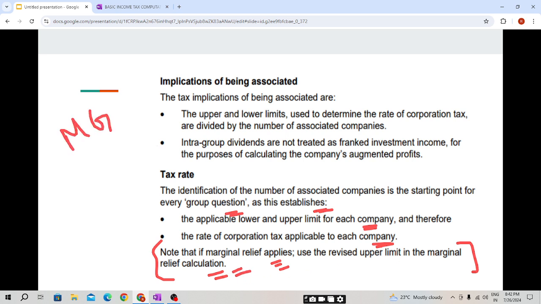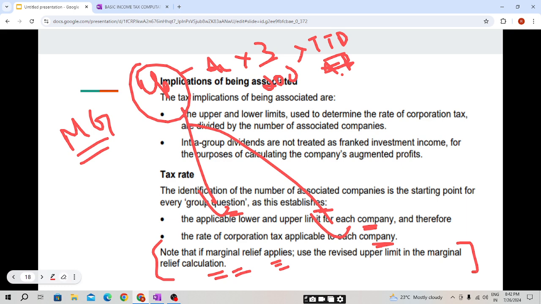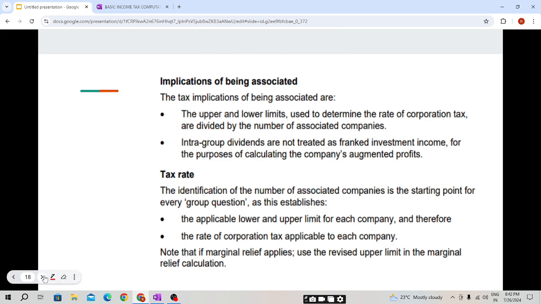When we perform our marginal relief calculation, upper limit minus augmented profit, times 3 divided by 200, times TTP divided by augmented profit. Here the upper limit must be the revised one, because the upper limit will be reduced by the short accounting period or by the number of associated companies. I hope this is clear.